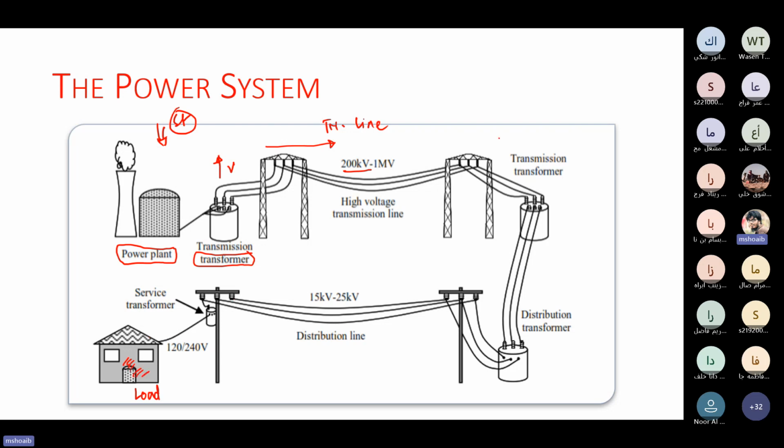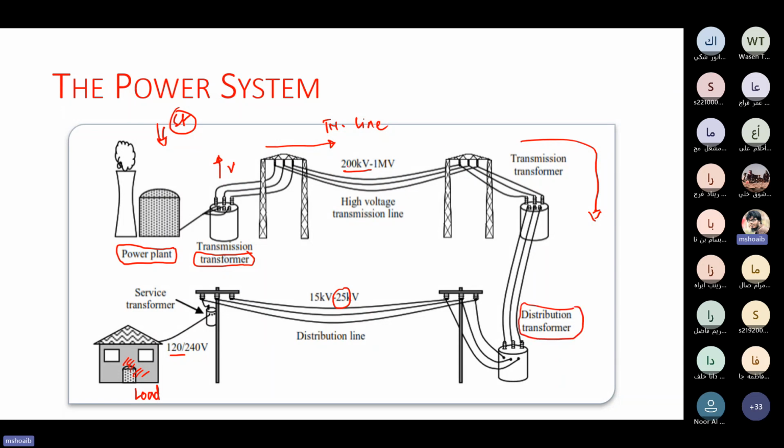So the more we go towards the load, you can see the level of voltage. This becomes 25 kV. This has become 120 V. So the voltage will drop. To decrease the voltage level, we again need some transformer. We call them distribution transformers.